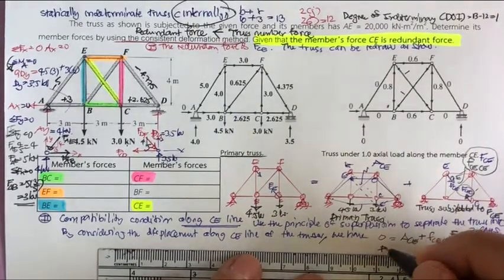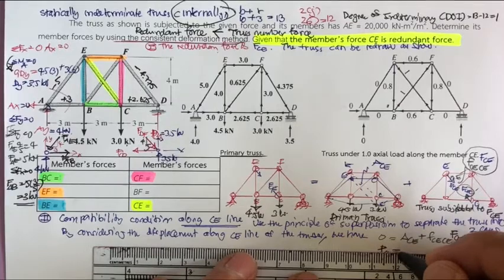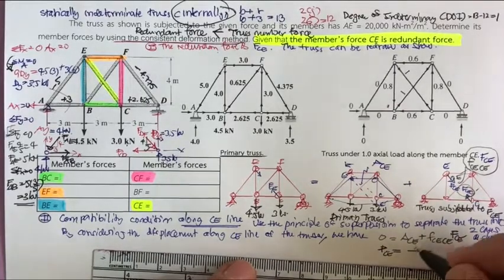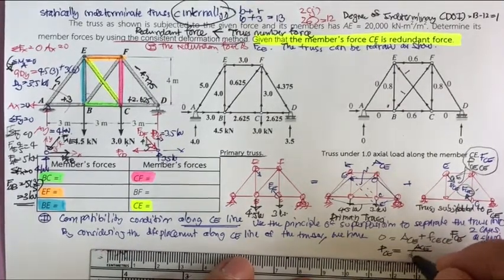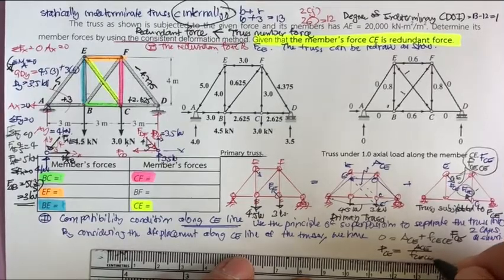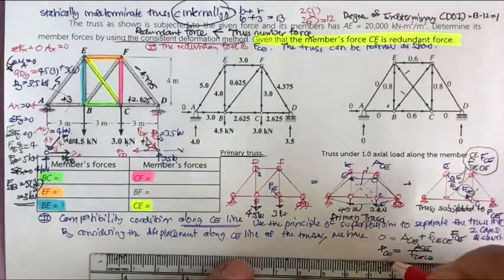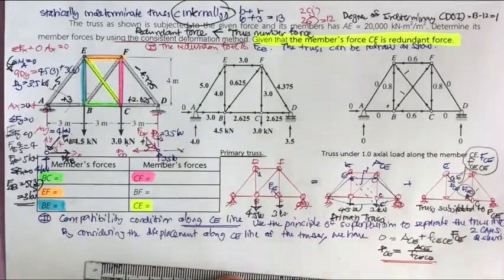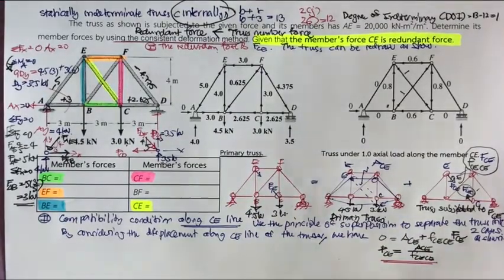Now we have the redundant force equal to delta sub CE divided by F sub CE CE. This is going to be the compatibility equation for this truss.